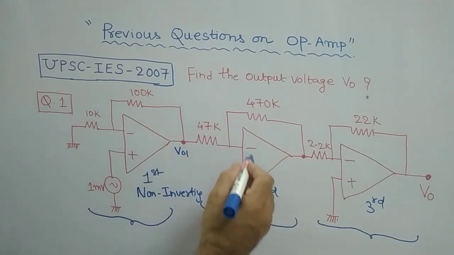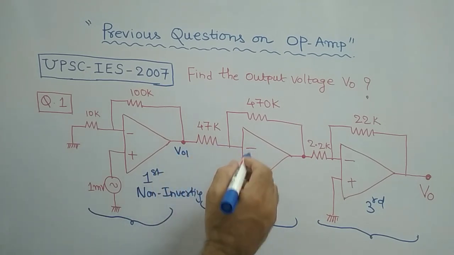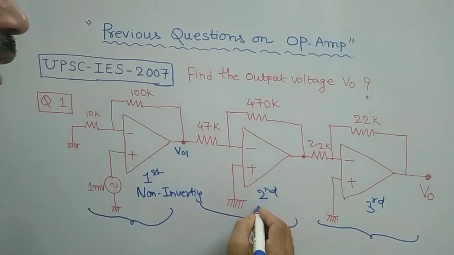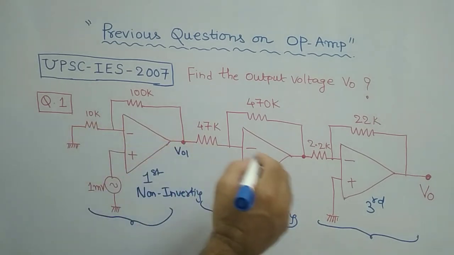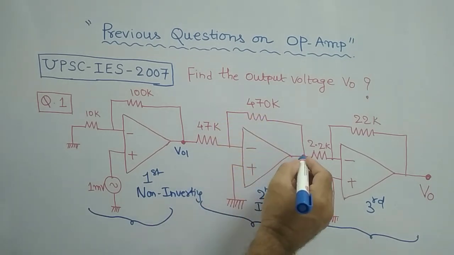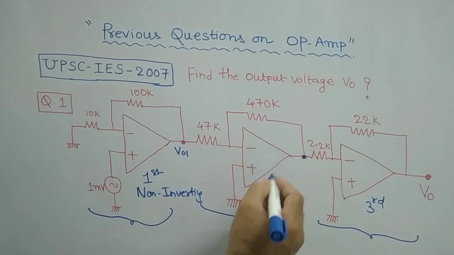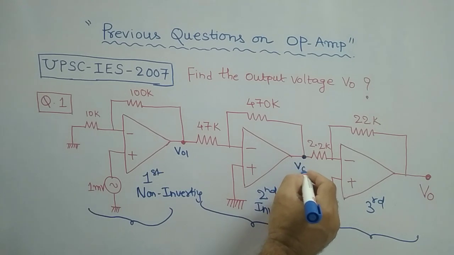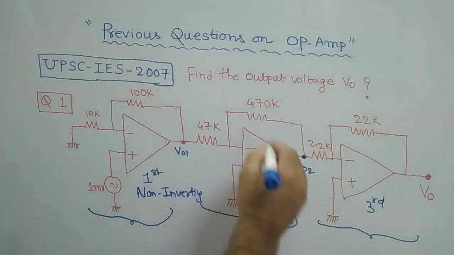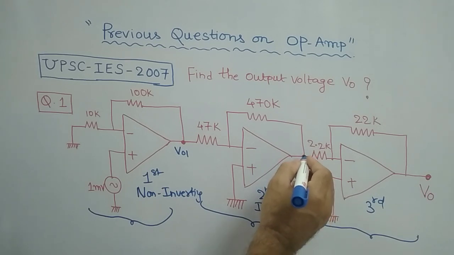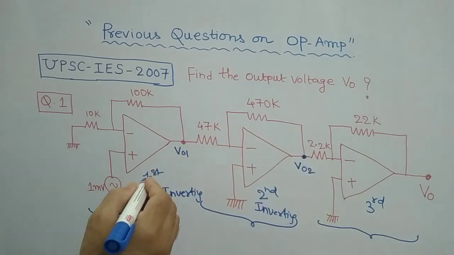If the input is applied to the minus, then it is inverting. So the second stage is an inverting stage, and you need to find its output, let us call it V02, obtained with respect to this point.